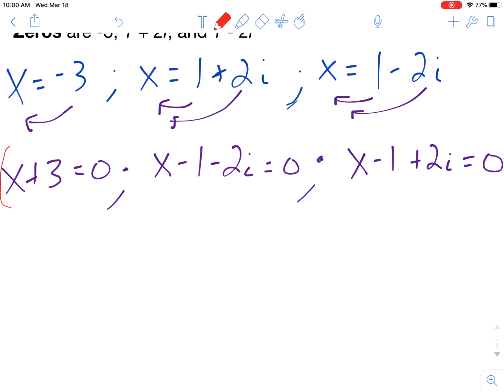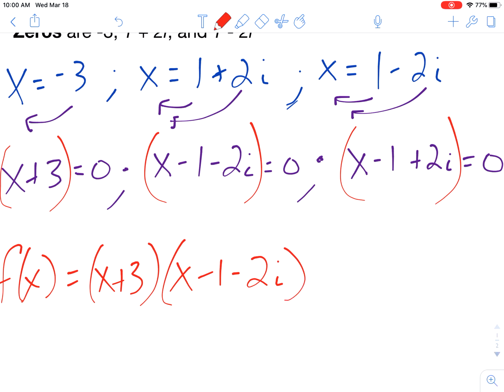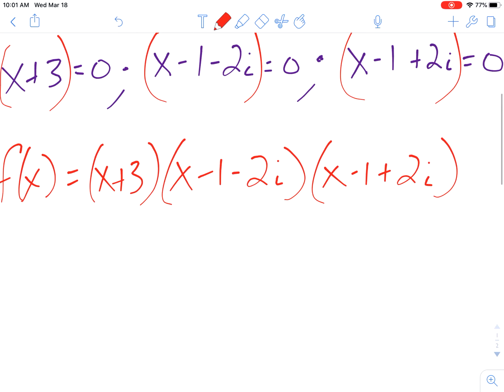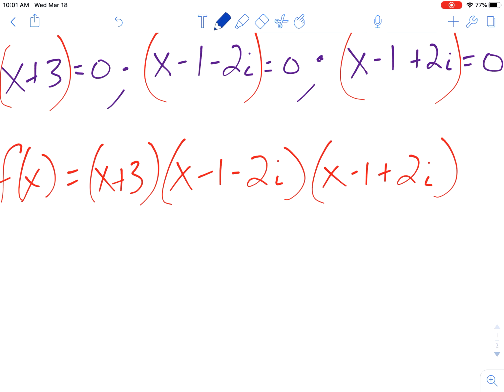as you noticed in the last two problems, we're going to take these three expressions and multiply them. So, this is the fun part. We have to simplify that thing down, and if you do it right, you should end up with just a regular looking polynomial.